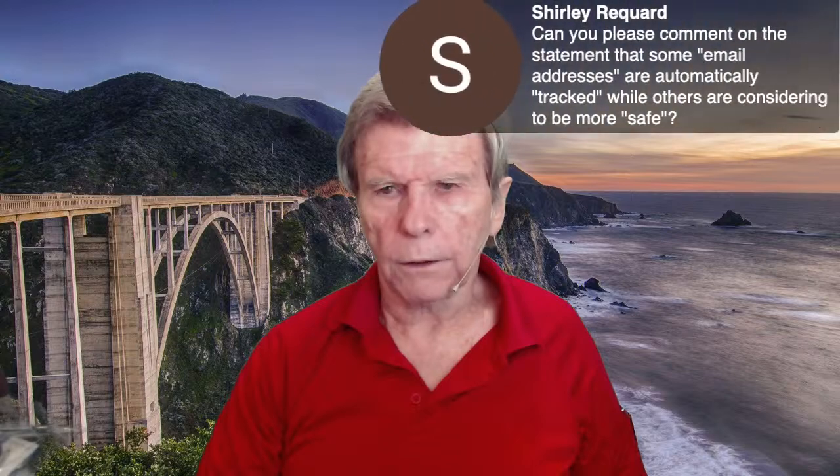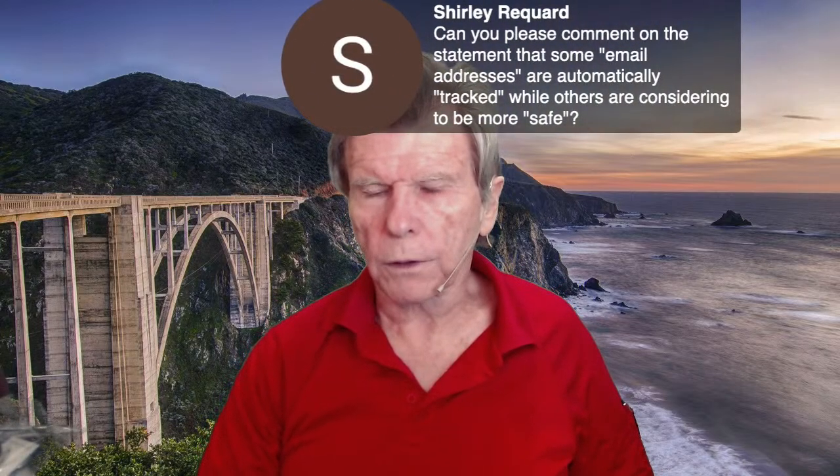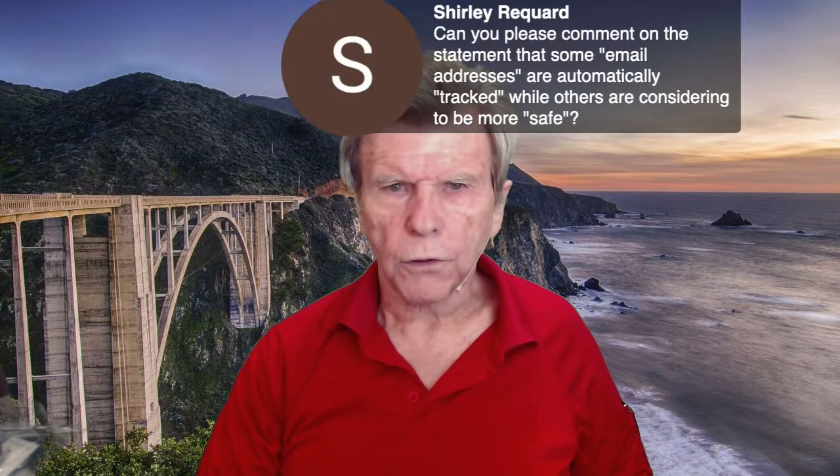So Shirley would like to know if I can comment on some email addresses being automatically tracked while others are considered to be more safe. So Shirley, I think that may be old information.